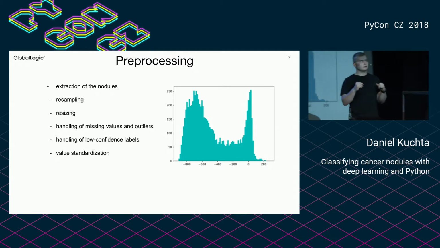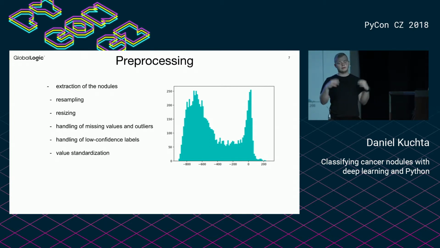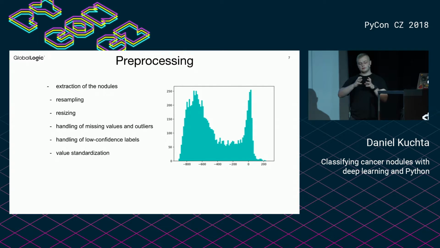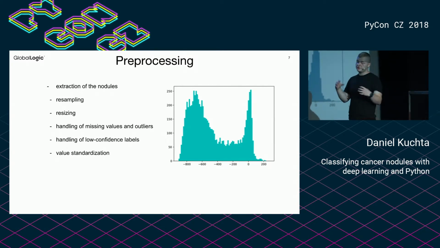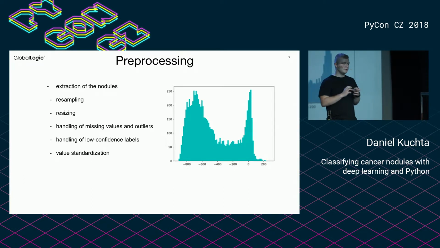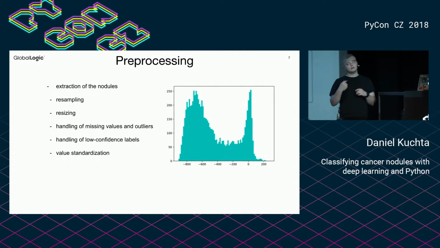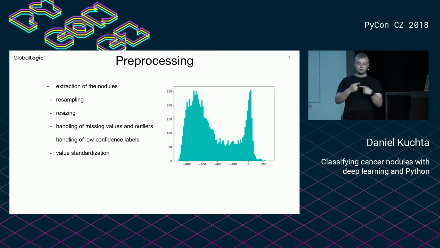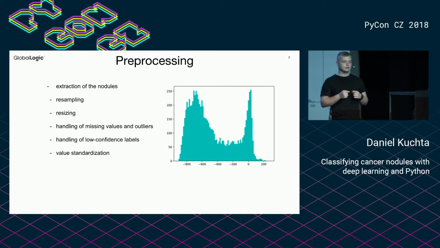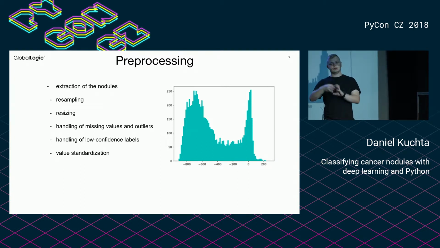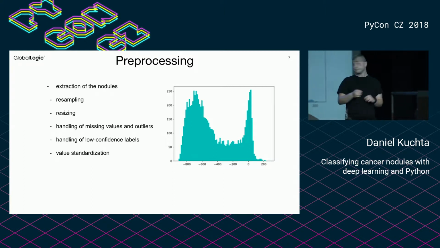Different CT machines had different resolutions, so we had to account for it and put all of the nodules on the same level of resolution. And then we had to resize them into one fixed size, because these 3D models of nodules were later used as inputs for the next 3D convolutional network that was doing the actual classification.